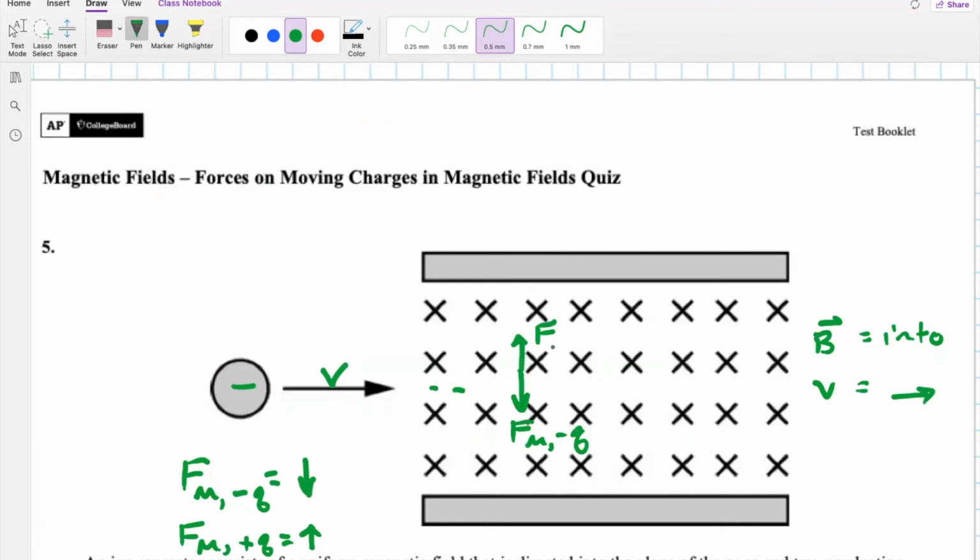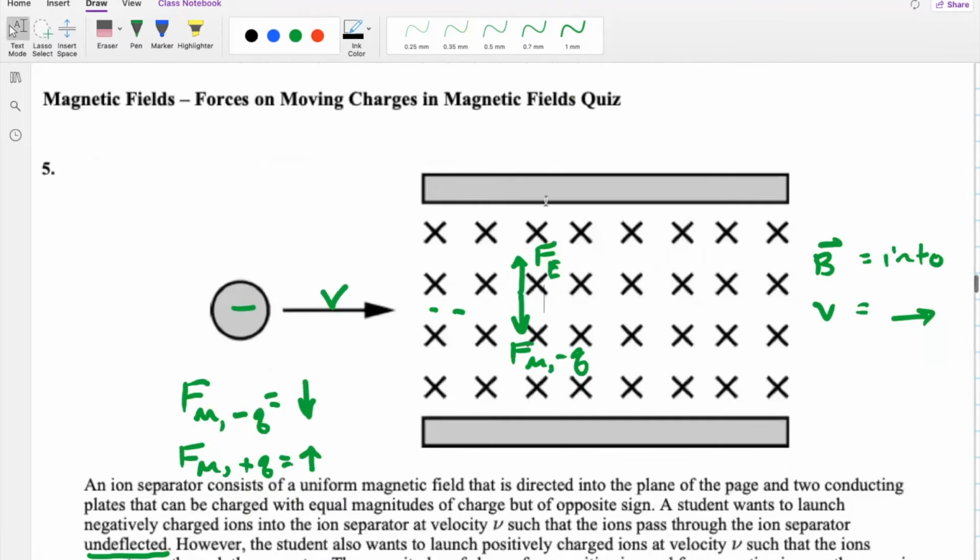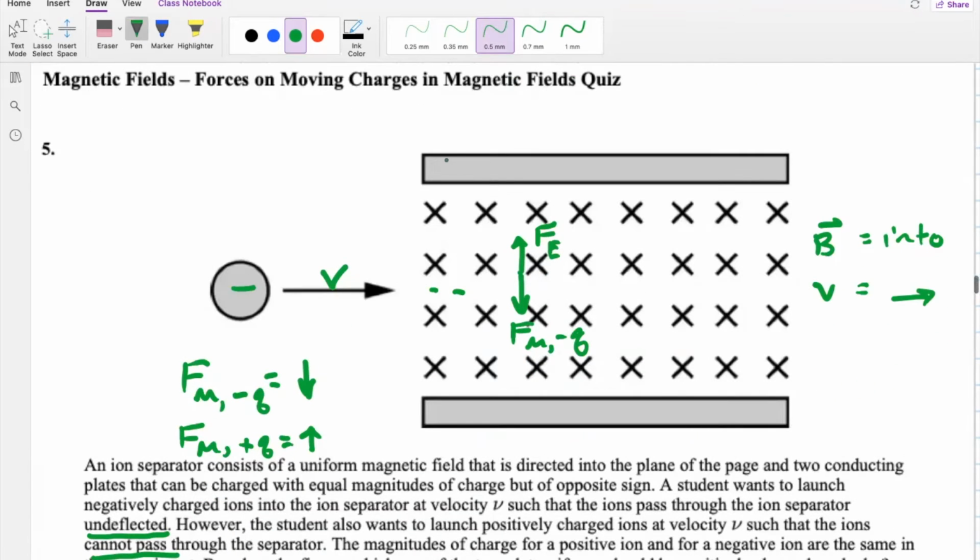And so this is going to be the electric force. And so it looks to me, in this case, we should put positive charges over here. And so that would make this positive, negatively charged on the bottom. Okay, I think we're getting the gist here.